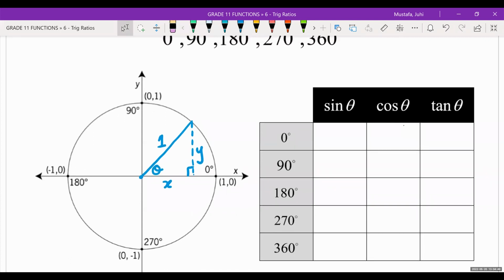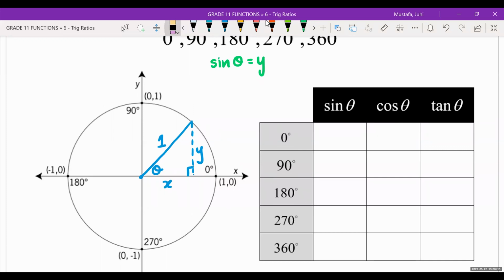Now, based on this information, we can get a couple of formulas. So we can say sine theta is equal to opposite over hypotenuse, which is known as y. Actually, it's technically y over 1, but you don't need to write the 1, so we're just going to call it y. You guys see where I got that from? Okay.